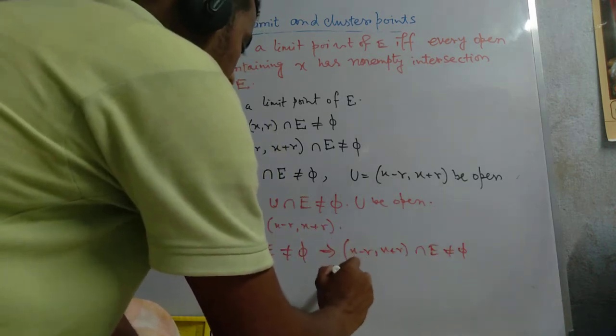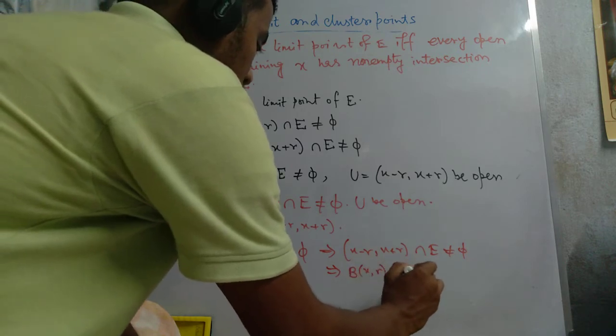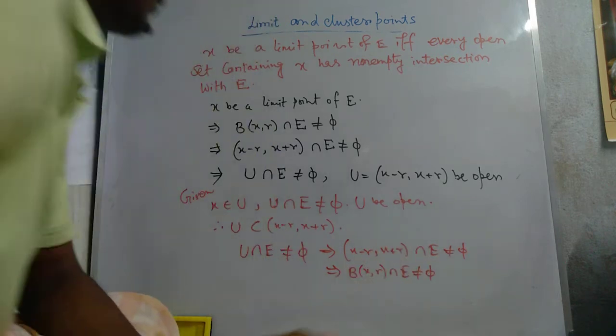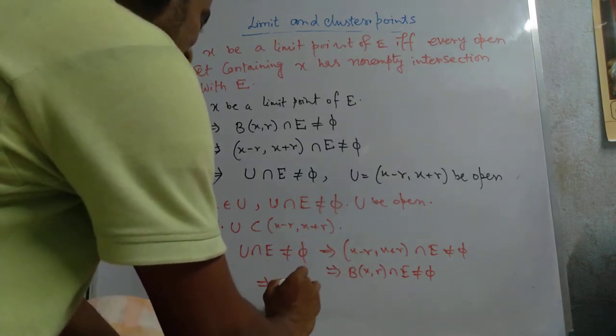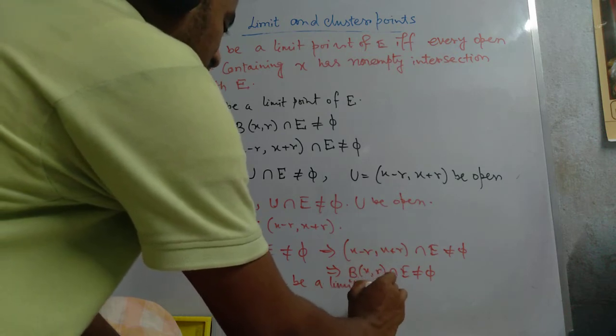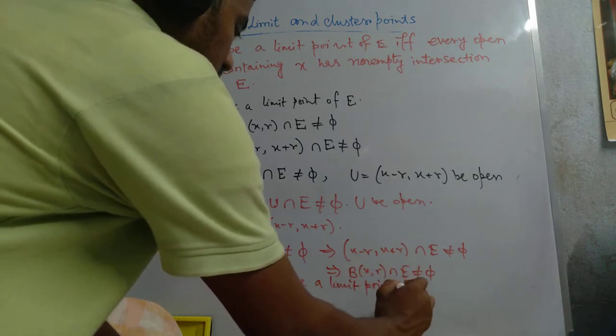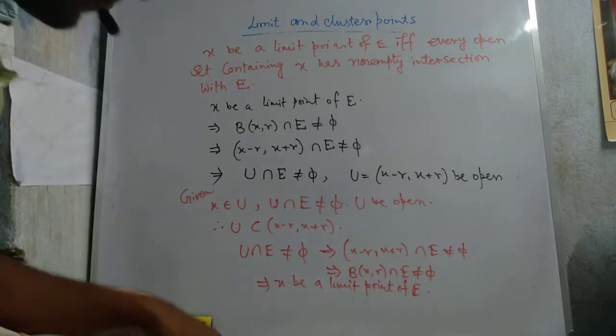This implies B(x, r) intersection E is not equal to empty set. This implies that x is a limit point of E. Understand?